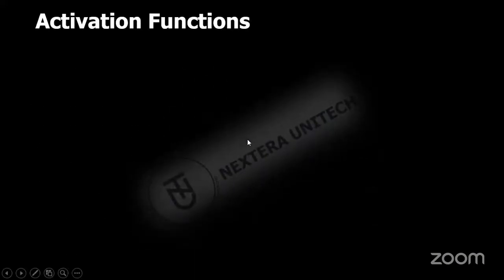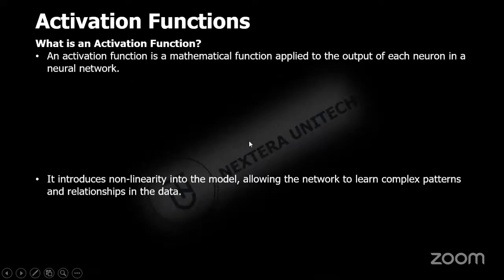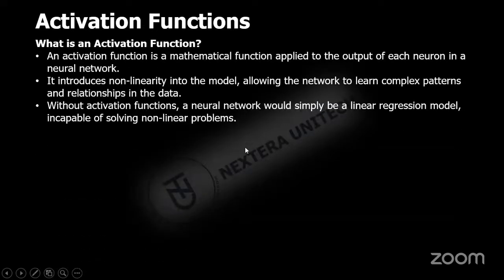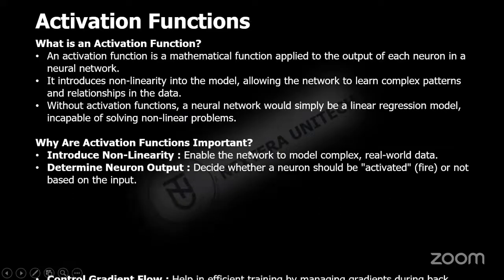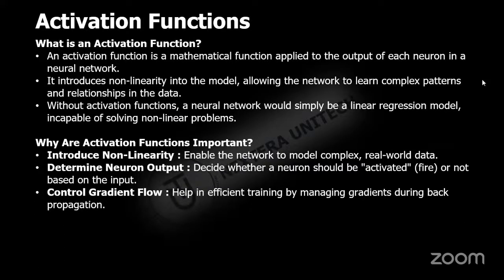Next to weights and bias, let us understand the activation functions that will be used. Activation functions are nothing but mathematical functions. If you take the summation function, what is the formula? Summation of xi wi plus bi. Is this a mathematical equation?